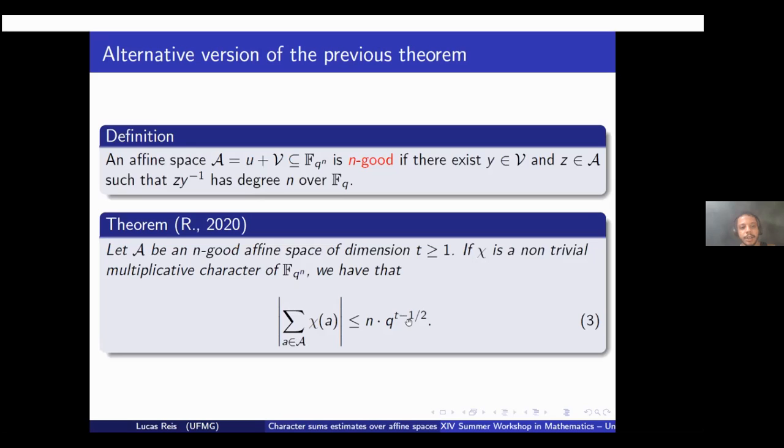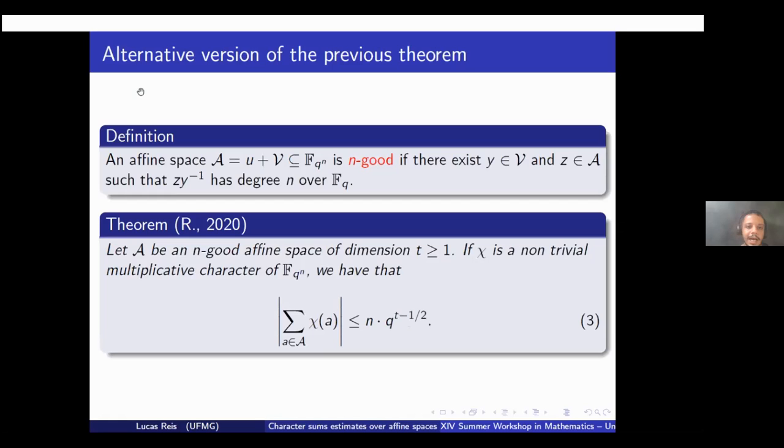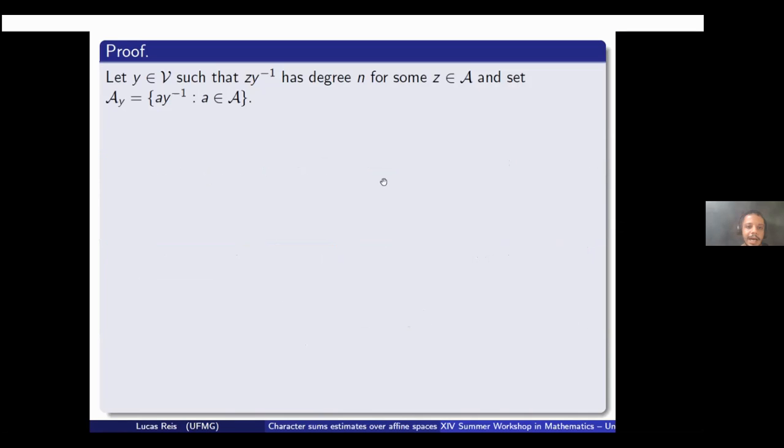Just to give an idea of the proof, I just picked two elements Y and Z here in the definition of n-good, and so I just consider the affine space elements from A and multiply by Y inverse, right? And basically, if I just multiply the elements of A by a constant, the character sum won't change, right? Recall that this will be just chi of Y inverse, so chi of Y inverse goes out, with the modulus just 1, so we have this inequality.